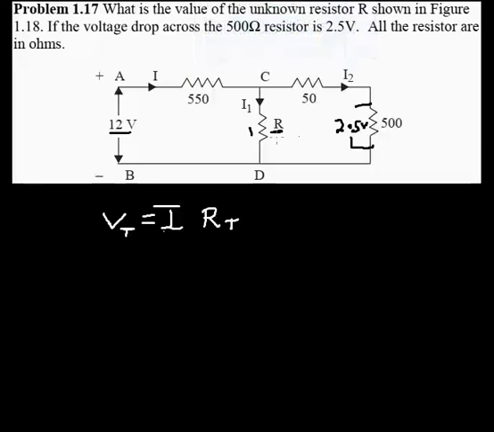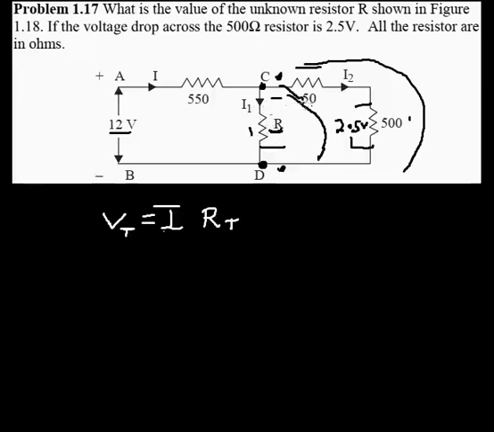One thing I can do to get this unknown resistance is to get the voltage across R, and that is the voltage between C and D. You know very well that this 50 ohms and the 500 ohms are connected in series, between terminal C and terminal D. The voltage across these two series resistors, 50 ohms and 500 ohms, is the voltage across R, since their terminals are connected across C and D.